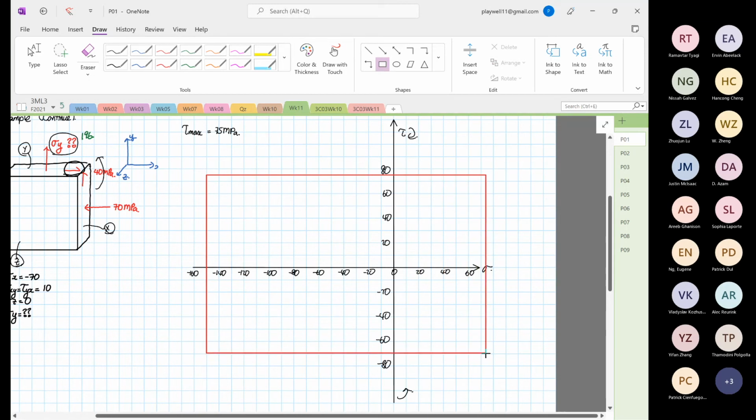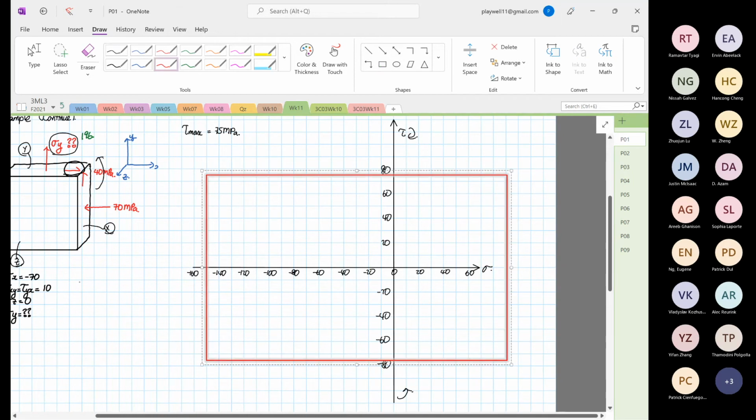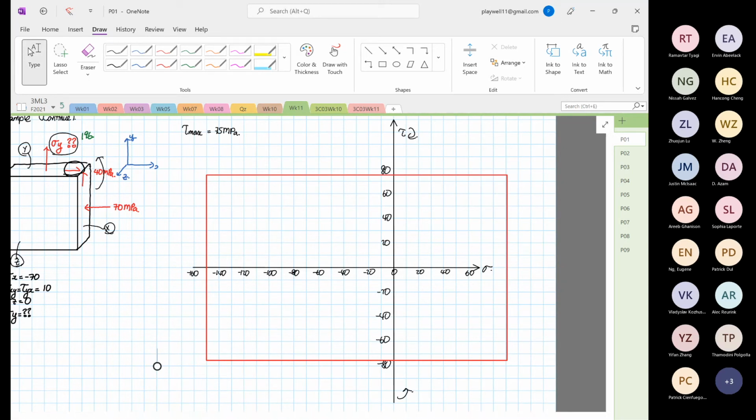Now, because I stopped at 60, actually it can go up to positive 150, but I'm just going to stop here. So outside the red box, as you can see, the material will yield.